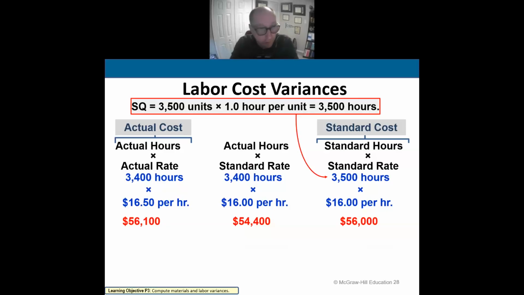So let's take a look at the variances. Actual hours was 3,400 hours. I budgeted for 3,500. My actual hourly rate was $16.50. I budgeted for 16. So my actual cost was 56,100, minus the budgeted amount.